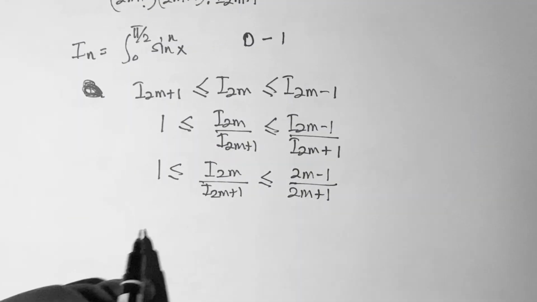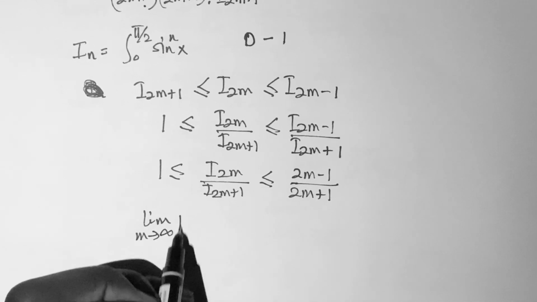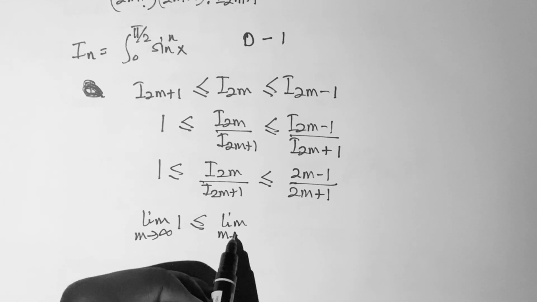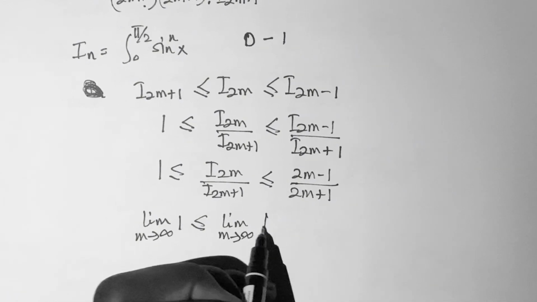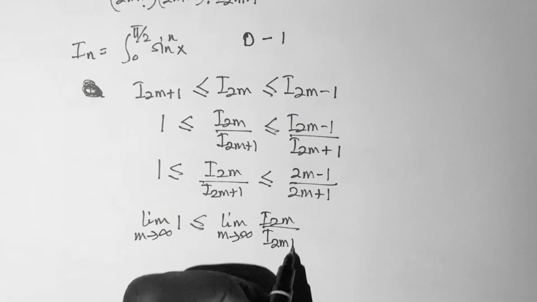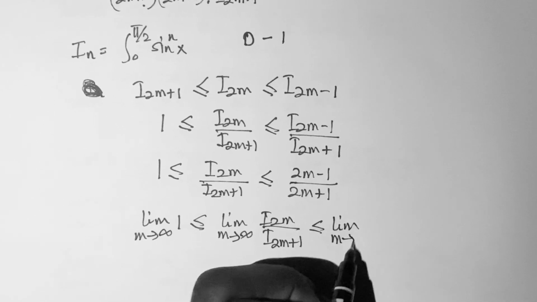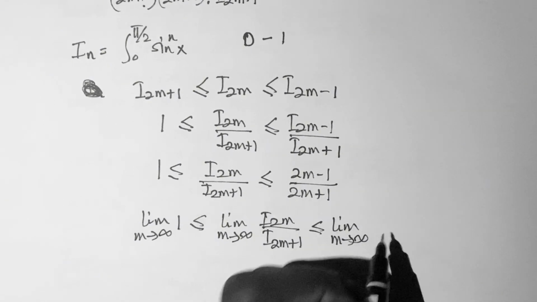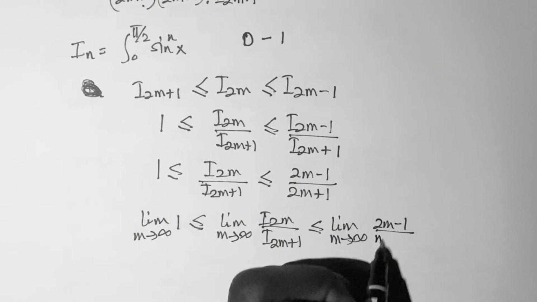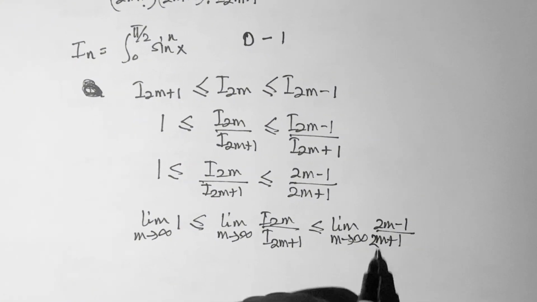Now, let's take limit. So limit as m approaches infinity of 1 is less than or equal to limit as m approaches infinity of I of 2m divided by I of 2m plus 1, which is less than or equal to limit as m approaches infinity of 2m minus 1 divided by 2m plus 1. Now, in this case, we need to use L'Hopital's rule.